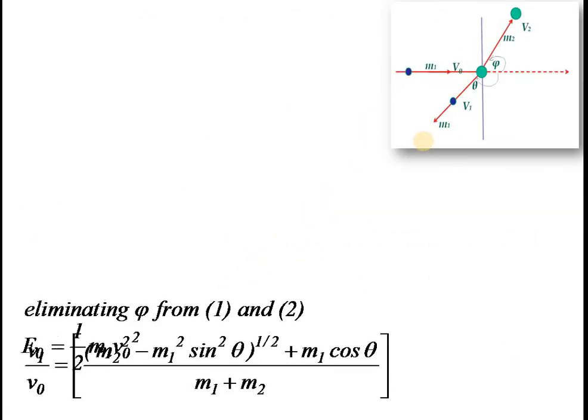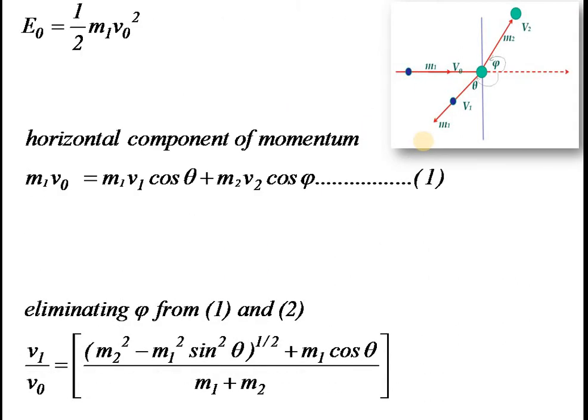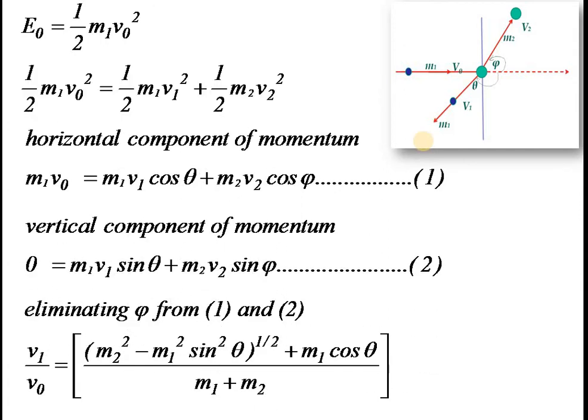See what is done. We have an incident particle whose energy is half m1 v0 square. This is the kinetic energy of the incident particle. If you apply the law of conservation of energy, after collision, what should happen?